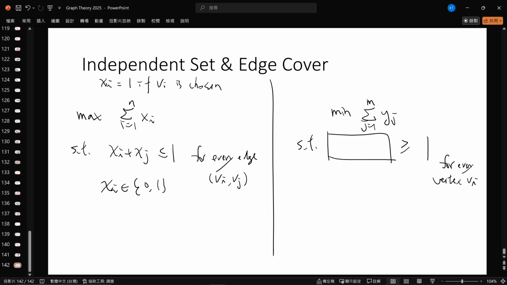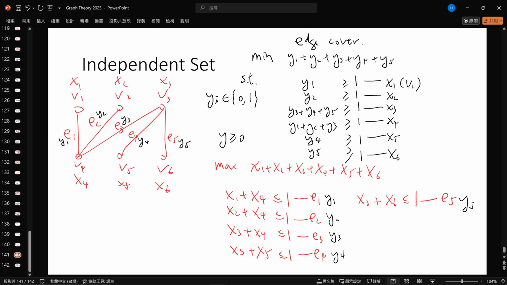And next is the most difficult part, the left-hand side. But once again, my suggestion is to look at the toy sample and try to figure out what the left-hand side is.